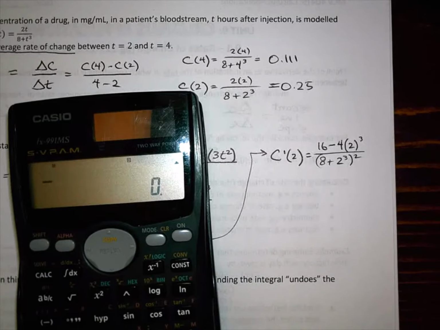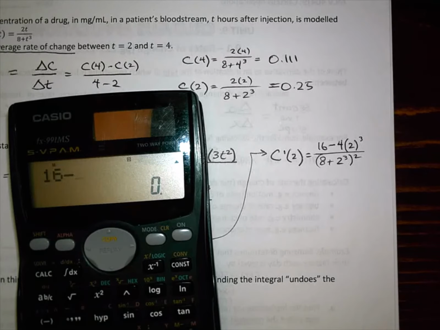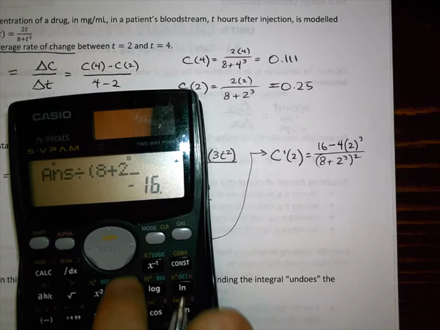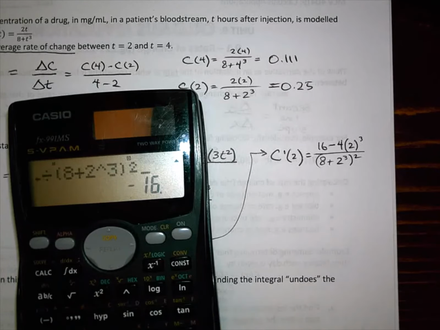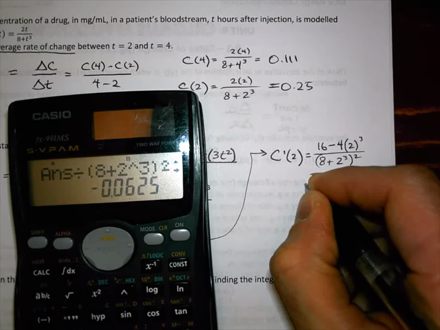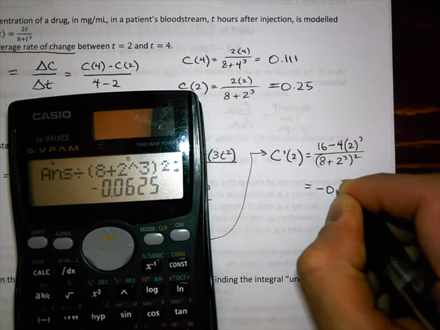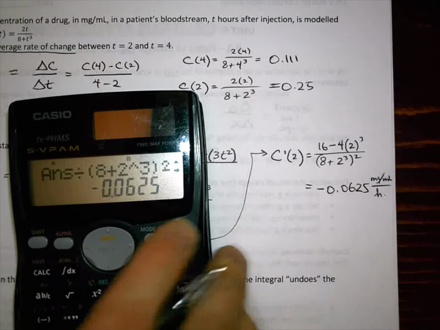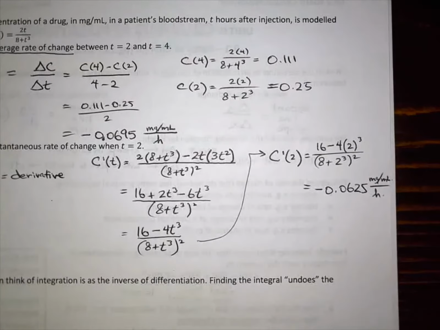So I have 16 minus 4 times 2 to the power of 3 divided by 8 plus 2 to the power of 3 all squared. And I get negative 0.0625 milligrams per milliliter per hour. Very similar answer, but not the same.